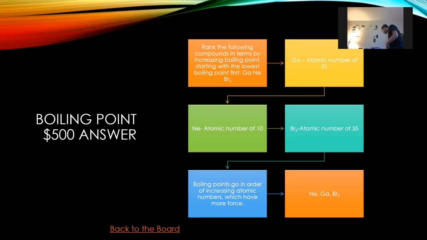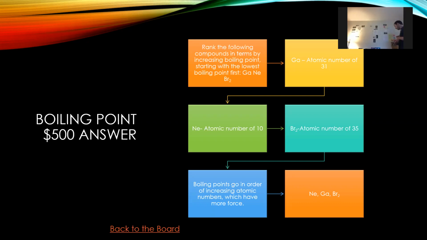So, Ga, forget that element. So Ga is gallium. Gallium has an atomic number of 31. Neon has an atomic number of 10. And bromine has an atomic number of 35.